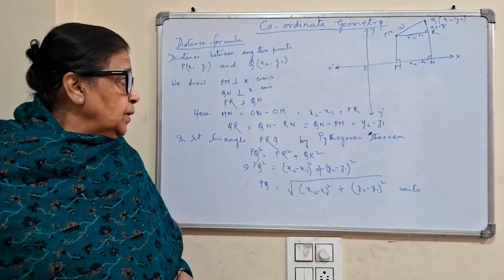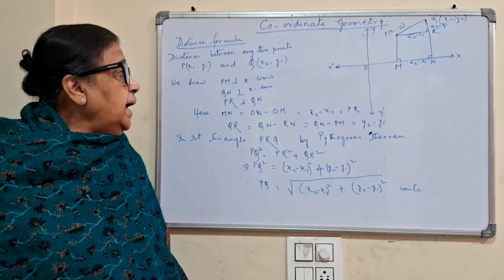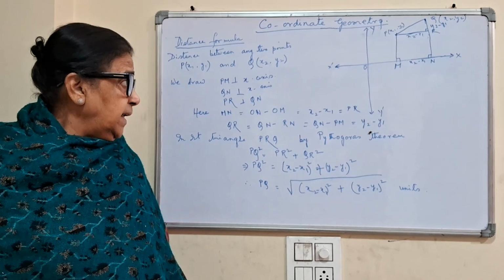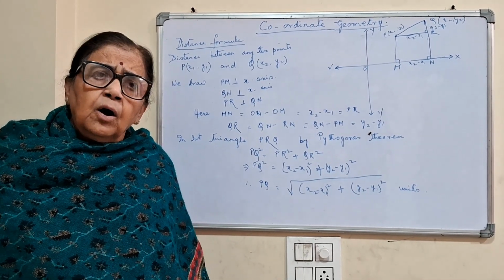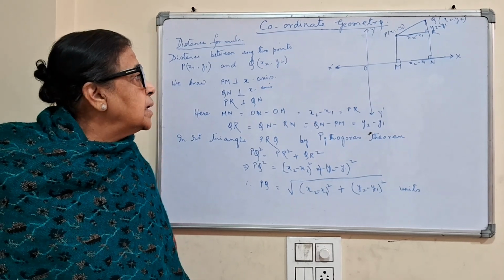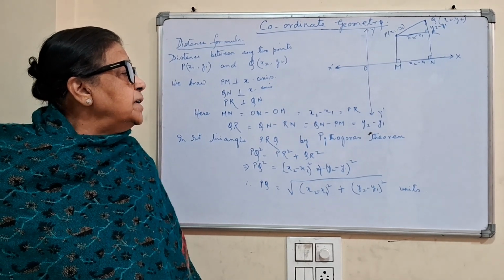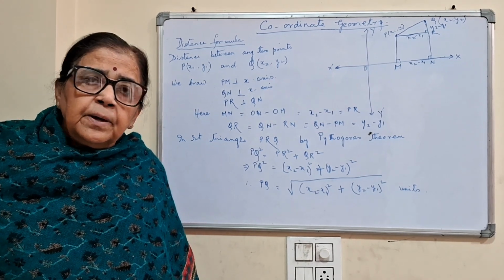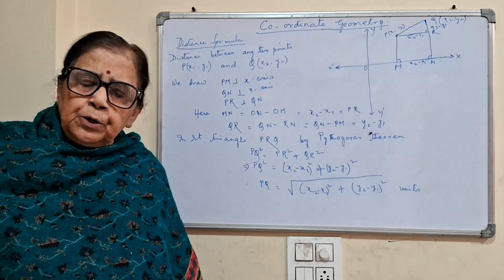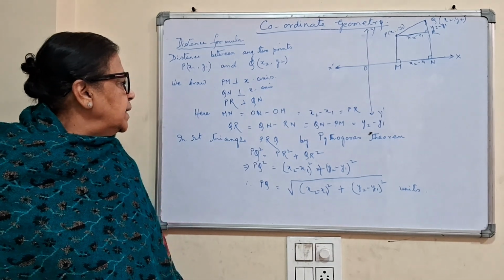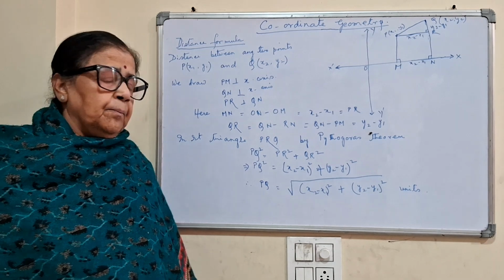Now PMNR is a rectangle, all angles are 90 degrees. So PR is equal to MN, and MN is ON minus OM.